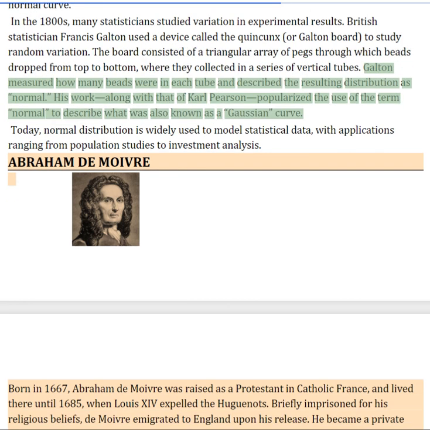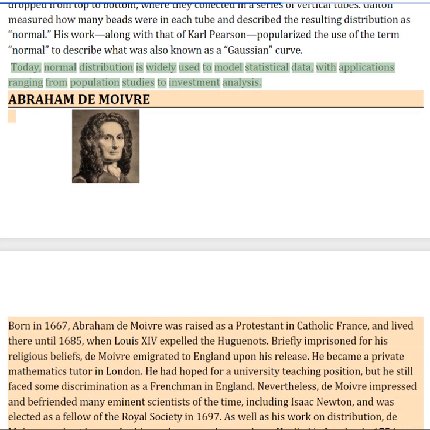Galton measured how many beads were in each tube and described the resulting distribution as normal. His work, along with that of Karl Pearson, popularized the use of the term normal to describe what was also known as a Gaussian curve. Today, normal distribution is widely used to model statistical data, with applications ranging from population studies to investment analysis.